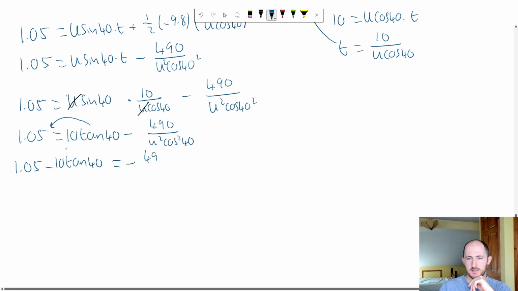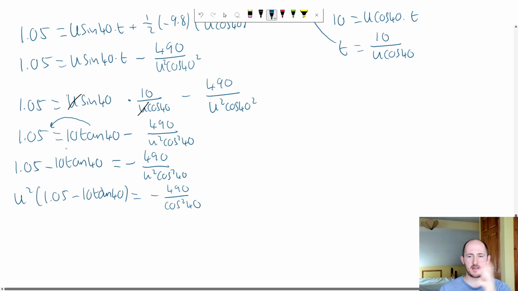Minus 490. Now I'm going to times both sides by u squared, so I'm going to put u squared on the outside. 1.05 minus 10 tan 40. My brain's shutting down. Minus 490 over cos squared 40.